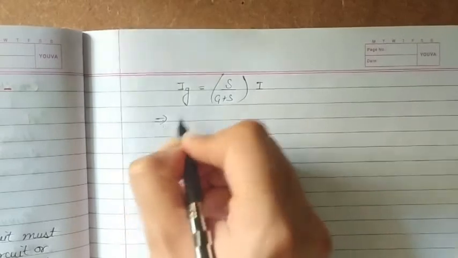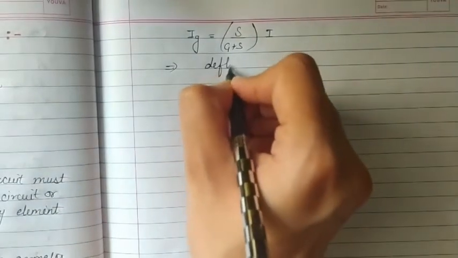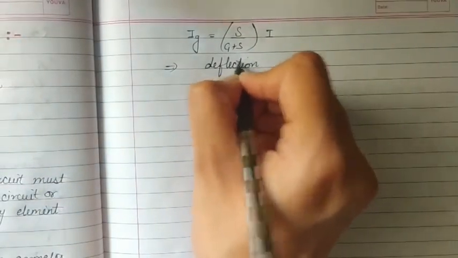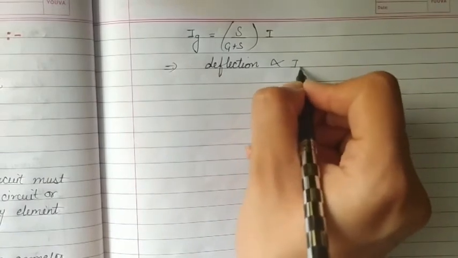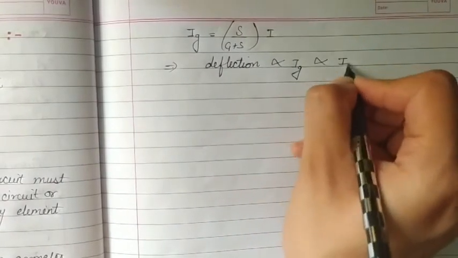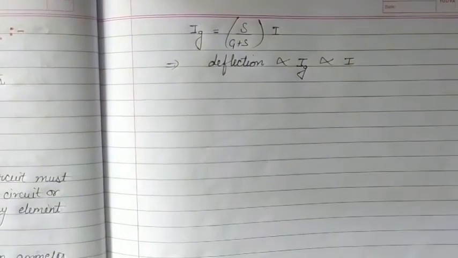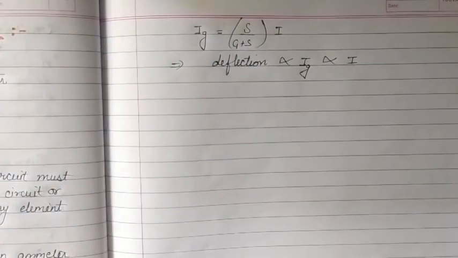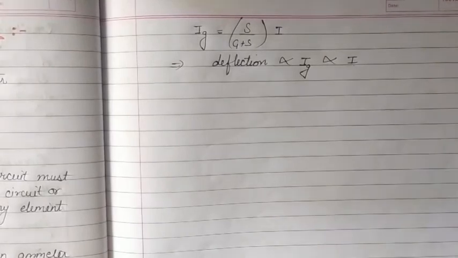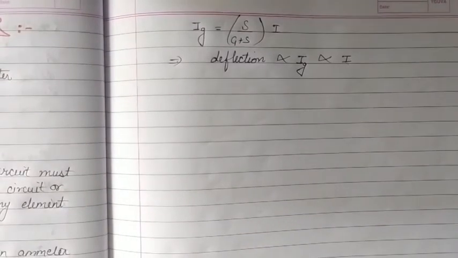This shows that the deflection in the galvanometer is directly proportional to Ig, which is directly proportional to the current capital I, that means the total current. So the deflection in the galvanometer is proportional to Ig, and hence it is proportional to capital I. So the scale can be adjusted to read the value of current I directly.